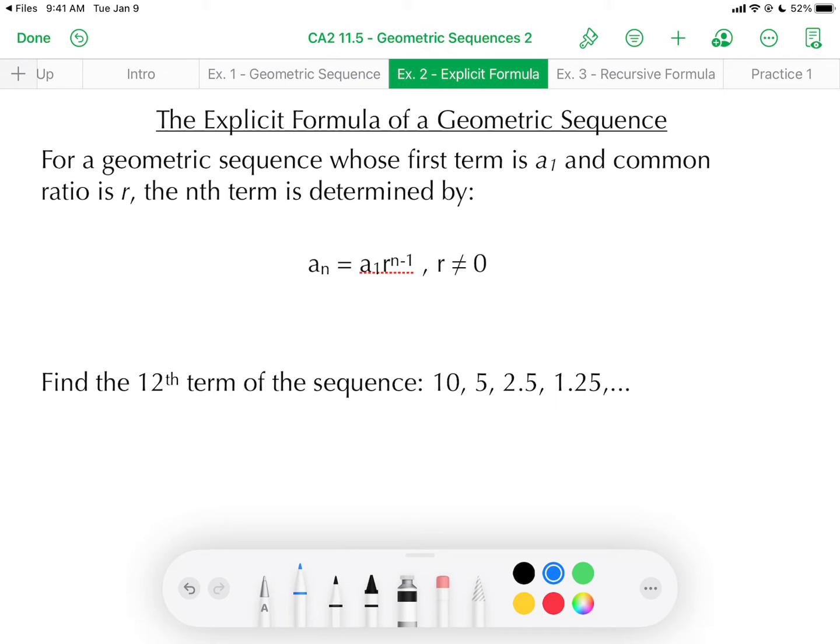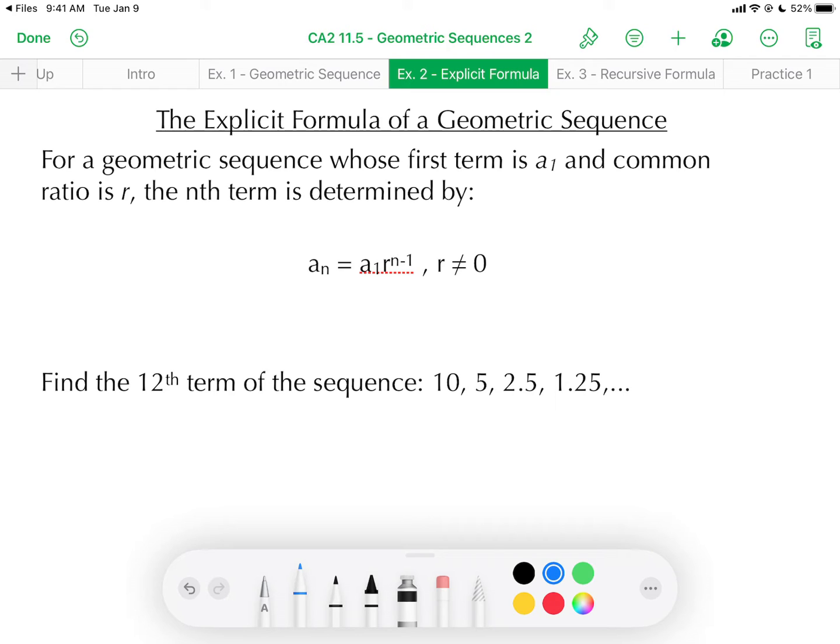So let's look at how to find the explicit formula for these geometric sequences. All right. What you're doing here is you're repeatedly multiplying by the same number. Okay. Well, repeated multiplication can be represented with an exponent. Like if I'm always multiplying by 2 repeatedly, I can just take 2 and raise it to a power, and that represents the repeated multiplication of 2.